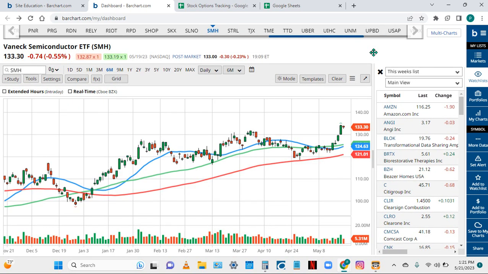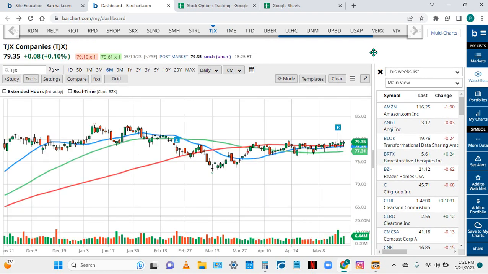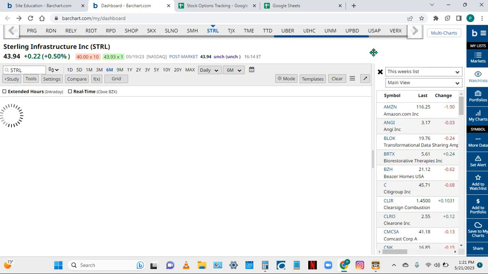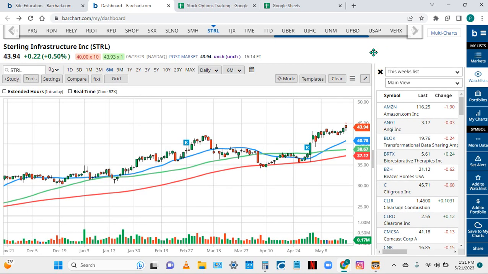Vanex Semiconductor. If you like the whole semiconductor industry, that looks very positive. TJX. That's been sideways for quite a while, so watch for maybe a move one way or the other on that one. Sterling. That has a nice closing breakout.